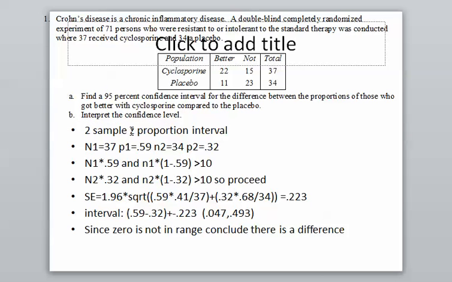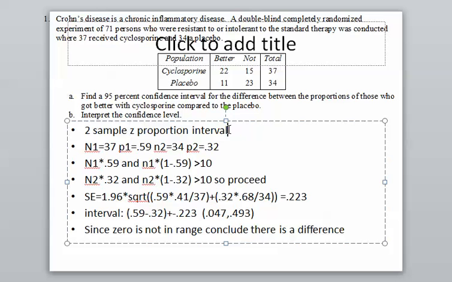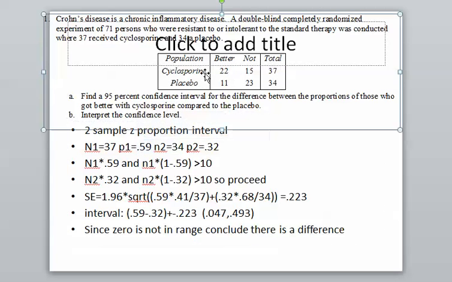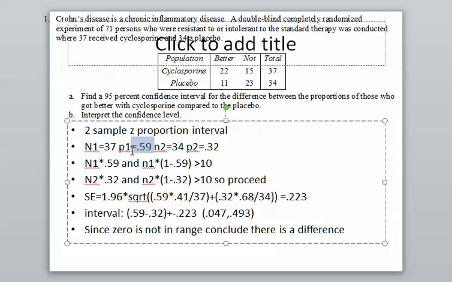This is a two-sample z proportion interval. Because we're asked to find the interval, that's what we're going to do. Okay? My N1 is 37. My P1 is 0.59. Where did I get the 0.59 from? Well, if you took 22 divided by 37, I believe you get 0.59.